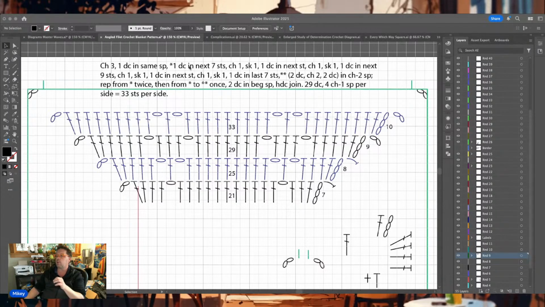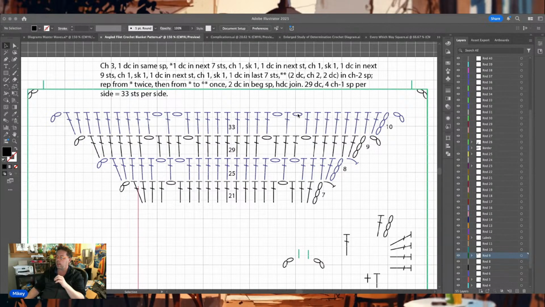It says 1 double crochet into the next 7 stitches, and in the pattern it's stated, which I think the consumer understands, that a chain 1 is counted as a stitch. So we have our first 2 in, and then we start counting 7. So 1, 2, 3, 4, 5, 6, 7, which takes us to the space. It says chain 1, skip 1, 1 double crochet into the next stitch.